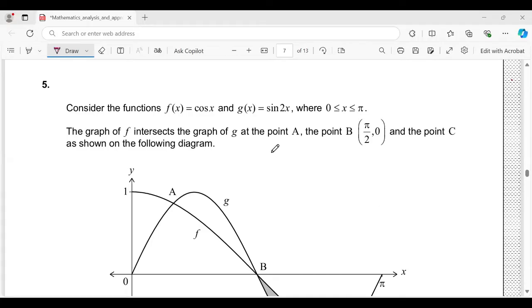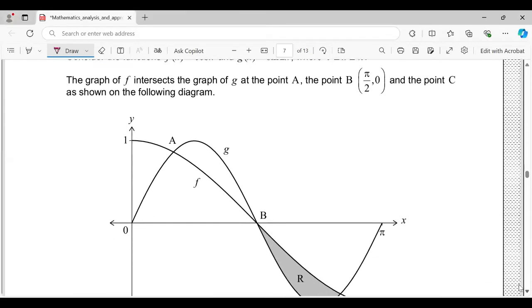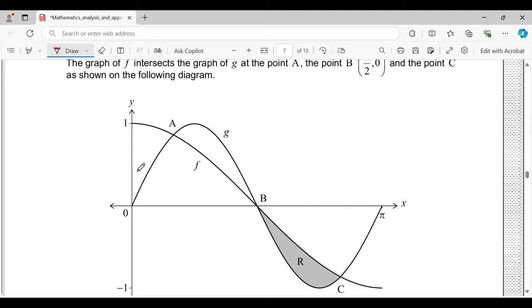There are intersections A and B, with point B at pi over 2 and 0, and point C as shown on the following diagram. So there are three intersection points: 1, 2, and 3.